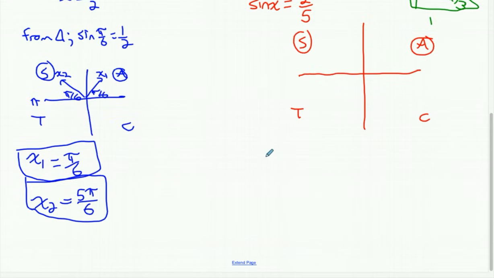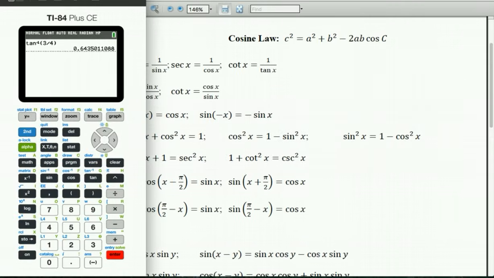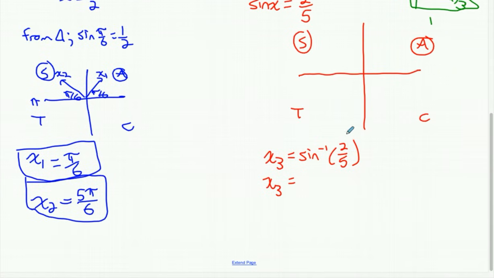So let's find our first one, which is actually our third answer for x, by doing inverse sine of 2 over 5. Inverse sine of our ratio gives us about 0.41. So there's our third answer for x, reference angle 0.41.